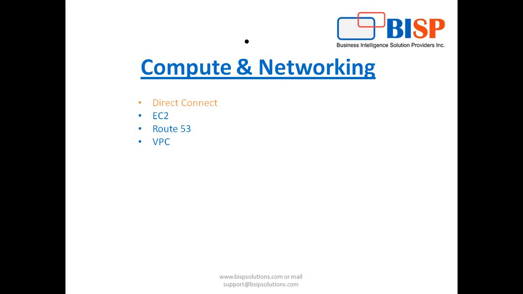Then in Route 53 there are different routing policies. Say I have multiple web servers serving different web pages. Say I'm hosting awshyderabad.com: if I go to www.awshyderabad.com, it has to go to one server, and www.1.awshyderabad.com has to go to another server.